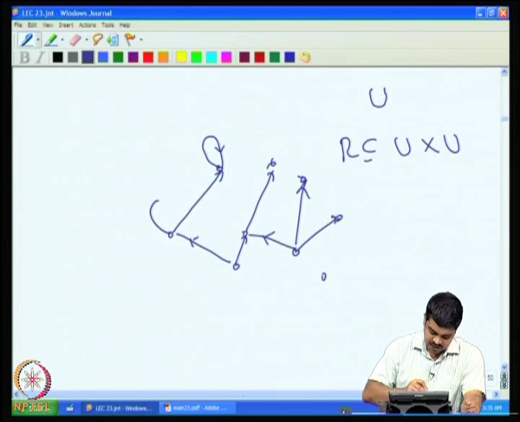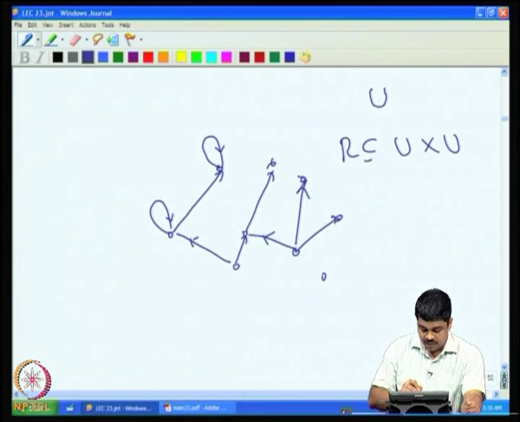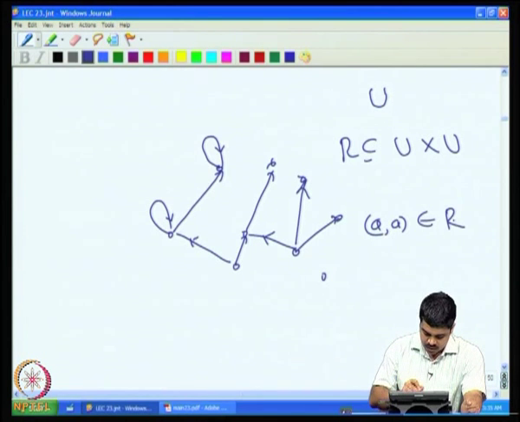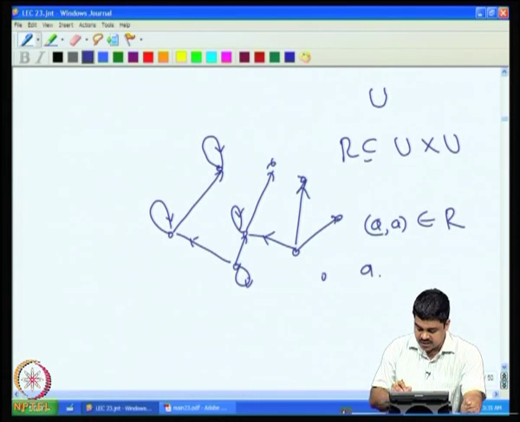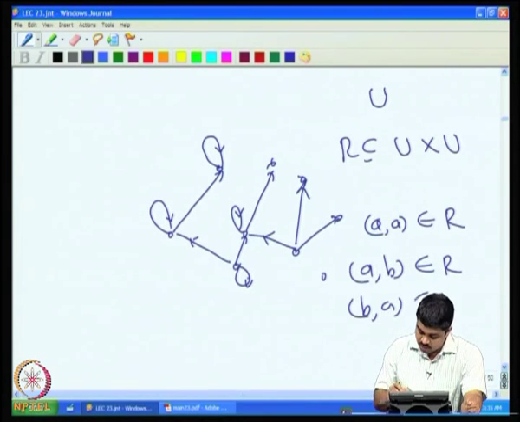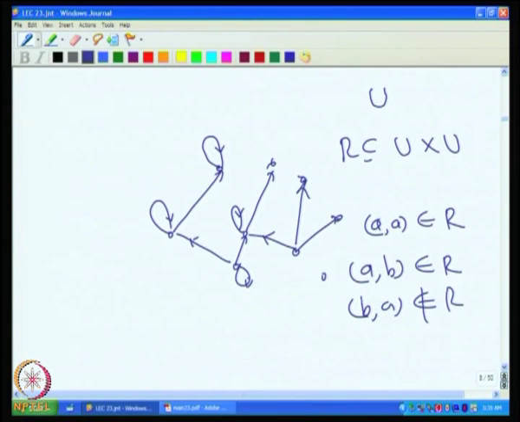One is reflexivity, that means a vertex is related to itself, (a, a) belongs to R. The other is anti-symmetry, that means if (a, b) is an element of R, then (b, a) should not be an element of R unless a and b are equal. So if you draw an arrow from this vertex to this vertex, we should not draw the reverse arrow also. The relation is represented as a directed graph.